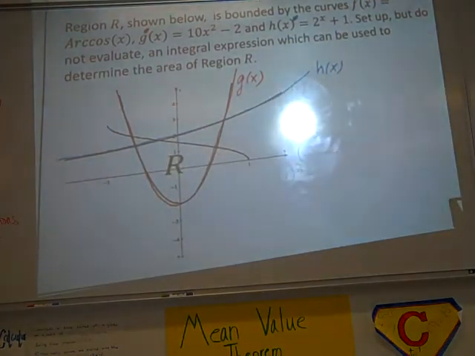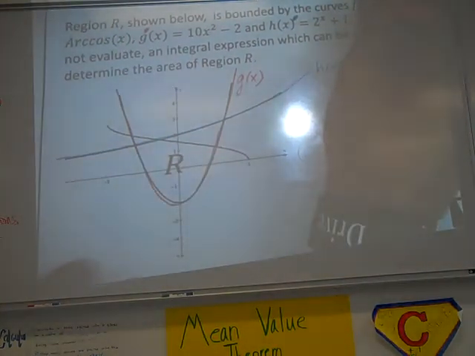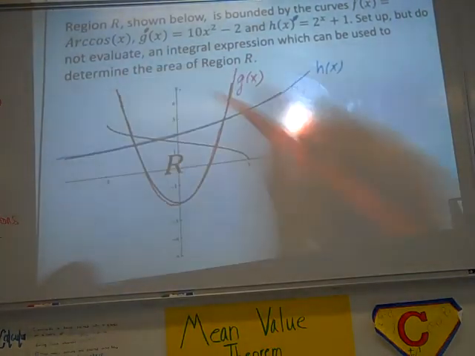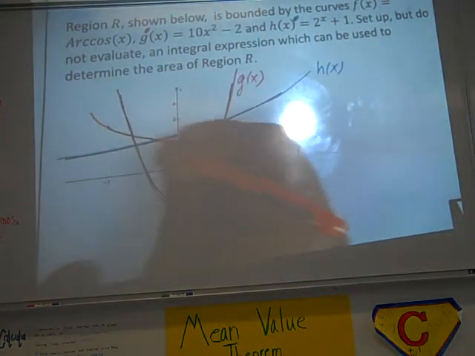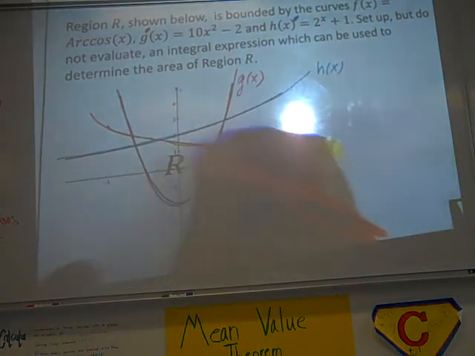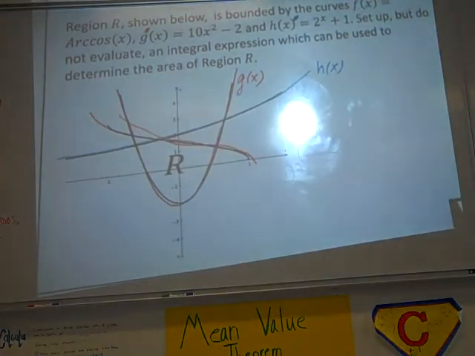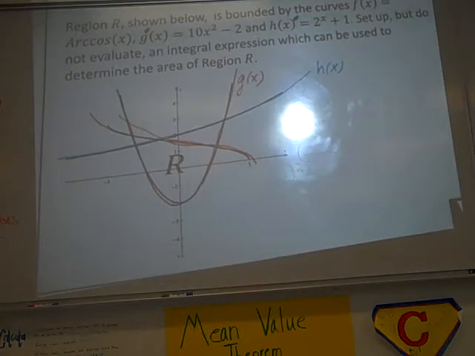So it must be that the arc cosine graph, f of x, is the orange, this guy over here. Before we actually do anything else with this problem, let's take a moment, graph it on the calculator, and make sure you are coming up with a good viewing window. Let's make sure that your graph matches mine.